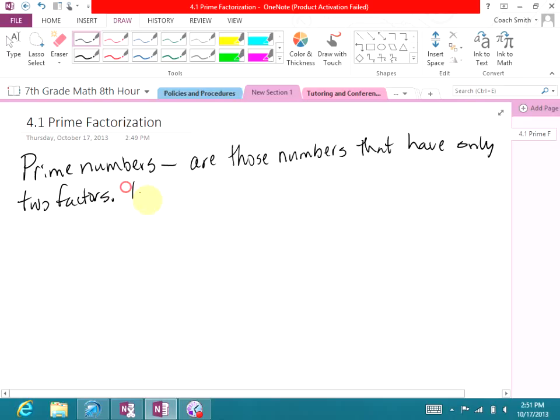The two factors are the number 1 and itself.